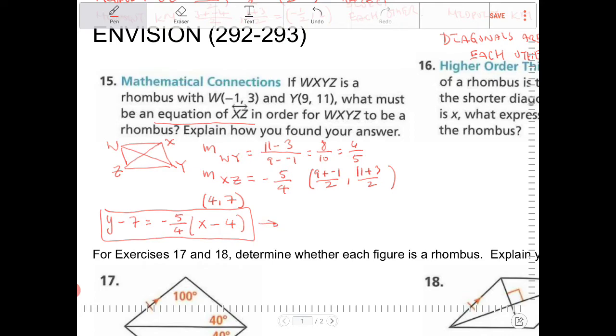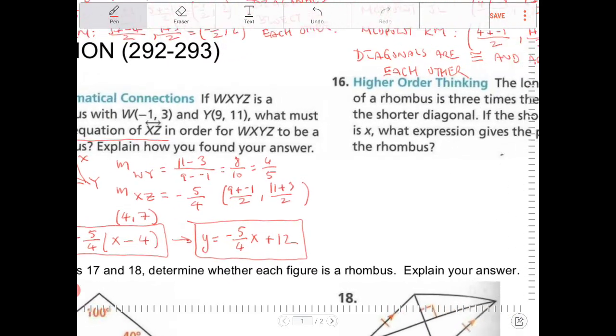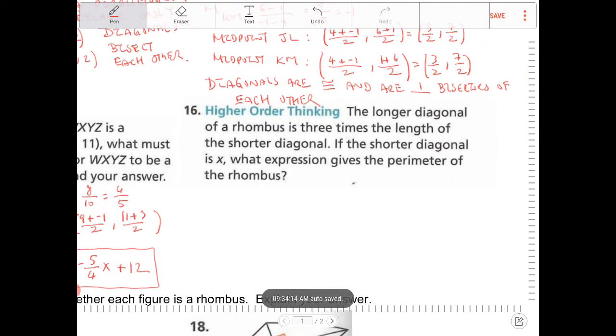I'll do it anyway, because I know many of you will want to rewrite this in slope intercept form. But I encourage you to get comfortable working with point slope form, because it is super useful. Negative 5/4 x, distribute the negative 5/4 in, we get positive 5. Add 7, we get plus 12. All right? Okay.